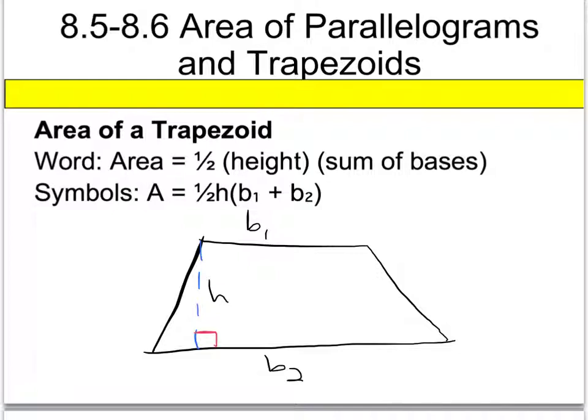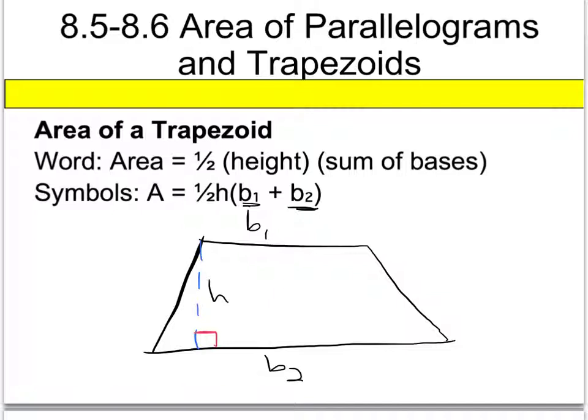All right, area of a trapezoid. In words, it's going to be area is equal to half times the height times the sum of the bases. So notice under your symbols, you're going to have B1 plus B2 multiplying by your height, multiplying by half.